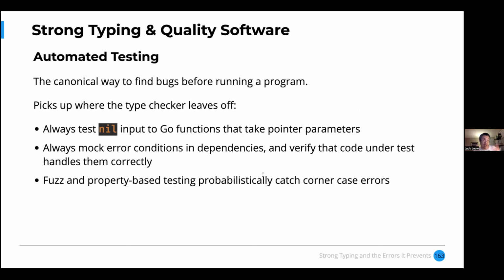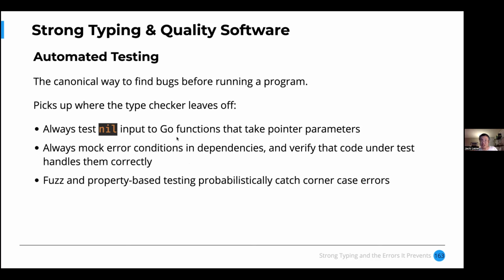And finally, the last three slides I just talked about are nice. But at the end of the day, if your type checker isn't doing something for you, you kind of just have to write unit tests to make sure those errors are not happening, right? So in Go, always test nil input to a function, but it's up to you to do it.